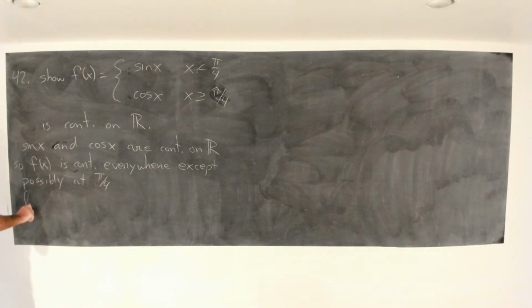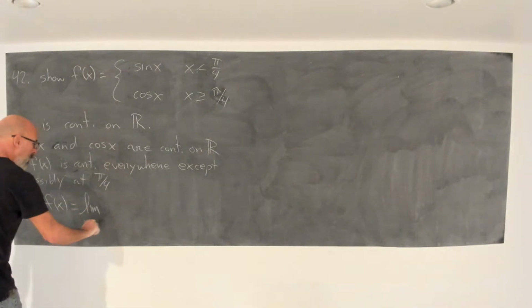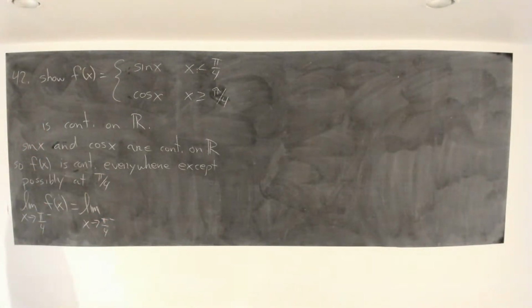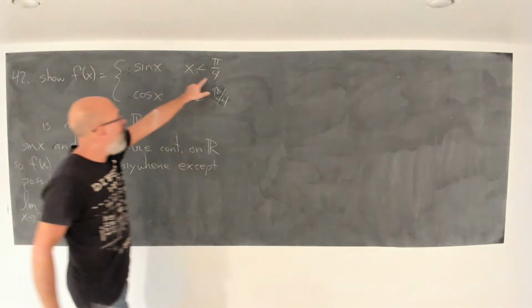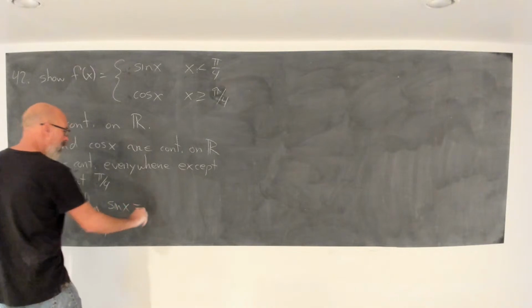What do we need to do? We need to look at the limit as x goes to pi over 4 from the left. And what is your function for values less than pi over 4? For values less than pi over 4, your function is sine x.